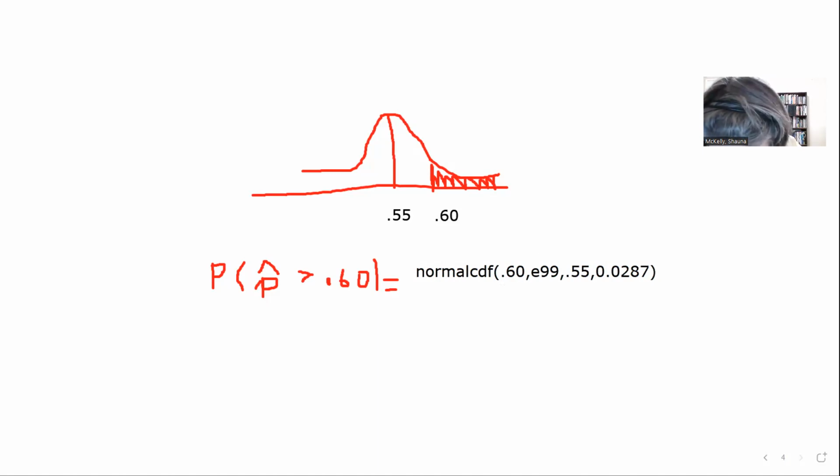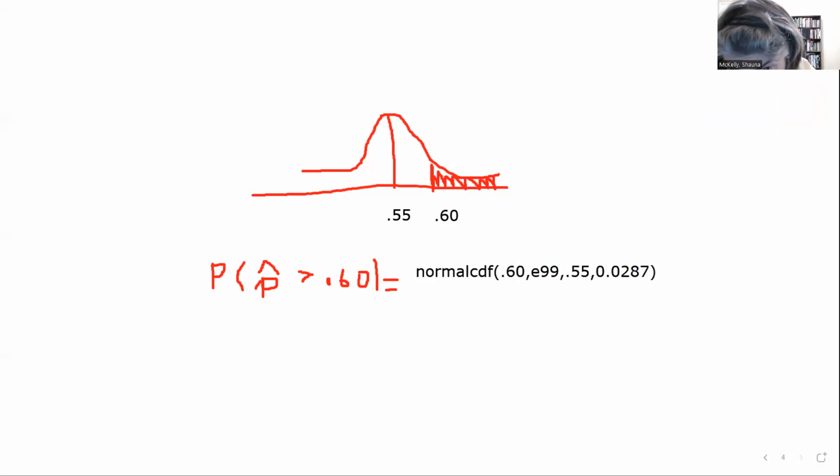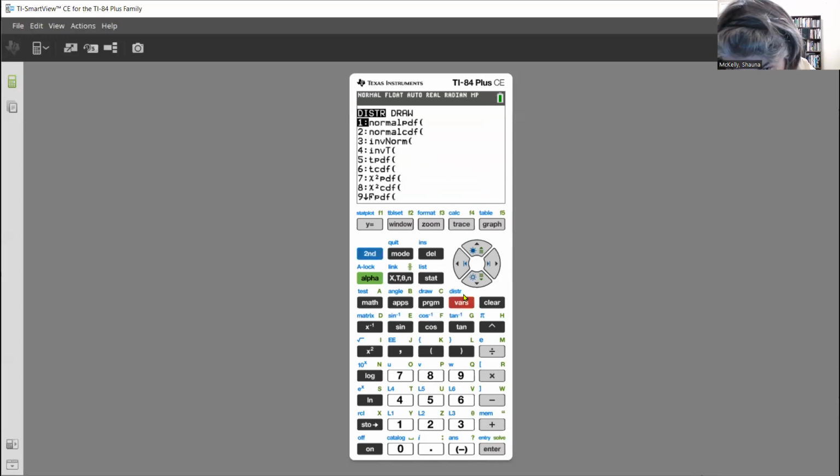So here, second distribution, normal CDF. We have 0.60 because it's our left end. Our upper this time is E99. Remember to get our E, we don't want to use the green letter E, but the letter E that's on top of the comma, for enter exponent.